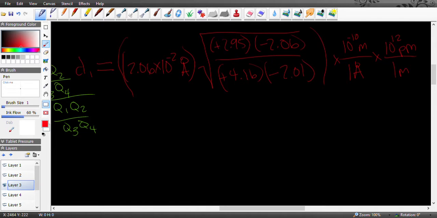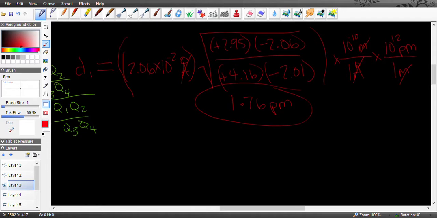If you do all of this math, let's check our units. Angstroms cancel. In the end, you should get 1.76 picometers. Should be right in there.